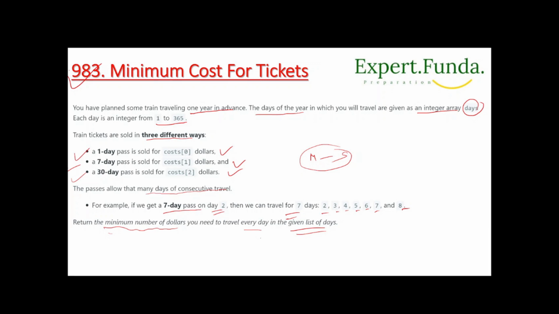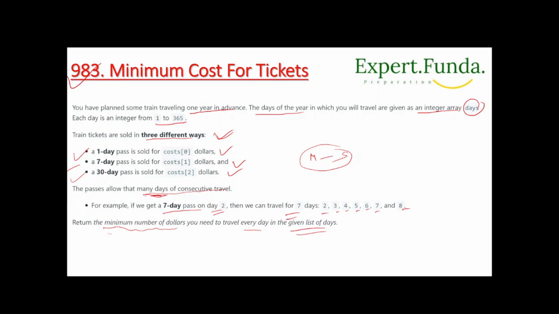Do you understand? I think so, because only two things we have to see. First, the different ways, the different passes given at some cost. And it is saying that passes allow that many days of consecutive travel.